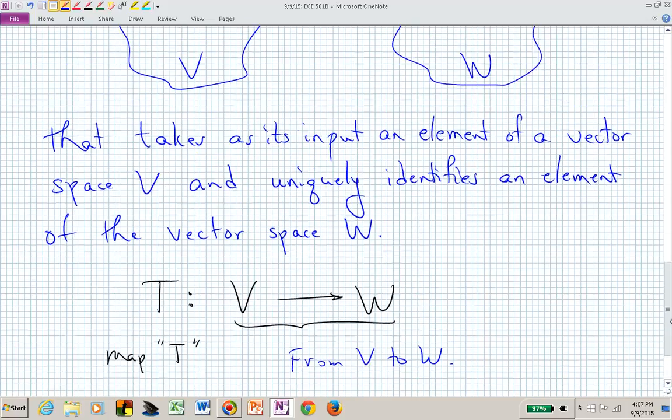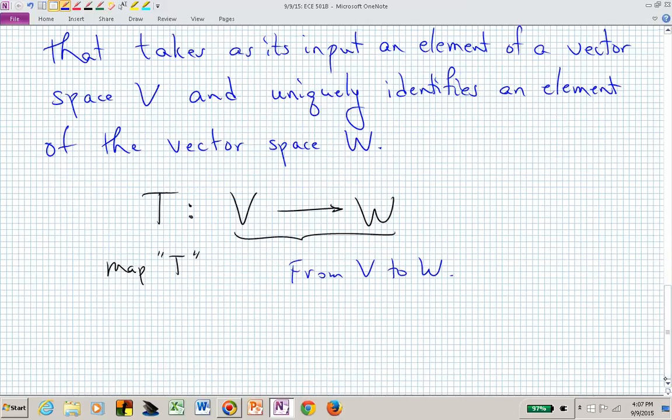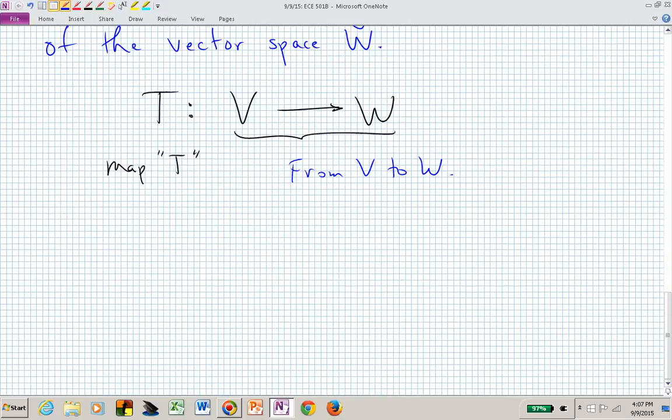So this map is the function. We are going to be worried about a linear map. Right now I've just said it's a function. Let's now show what properties this function needs to possess in order for it to be a linear map. So this linear map requires two properties.